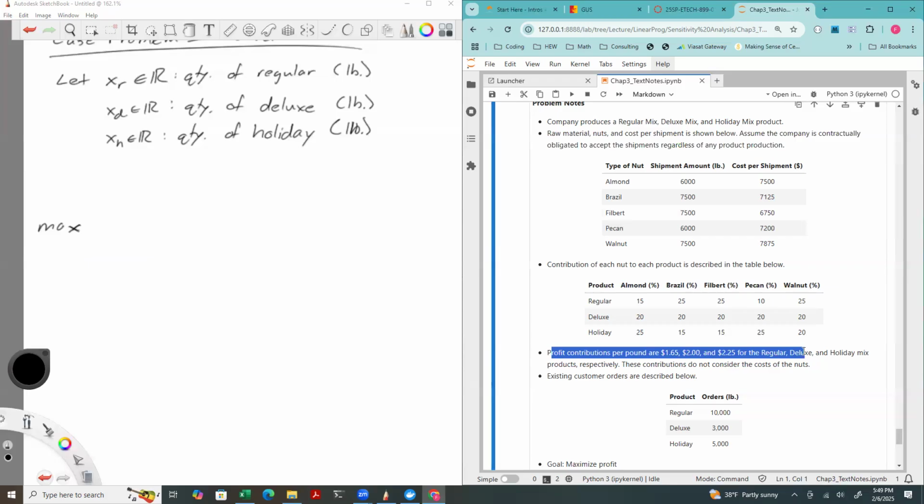So with that being said, let's go ahead and write an objective function to characterize the total profit. And so I'm seeing here $1.65 profit contribution for every pound of regular.